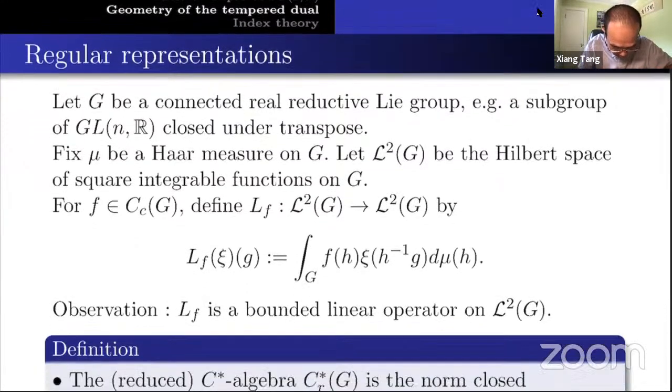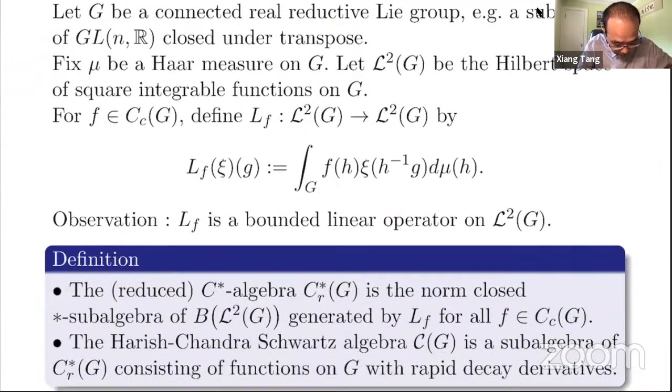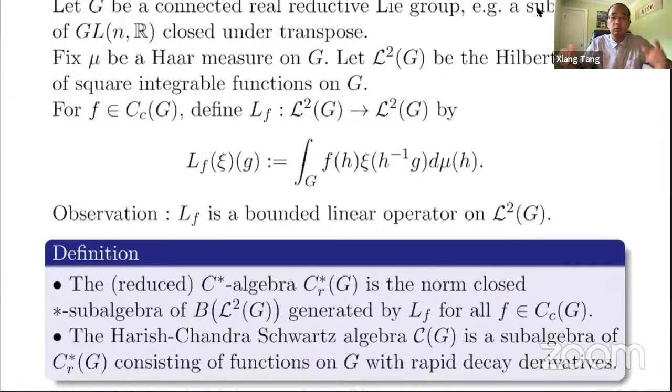Using these operators, we can look at a nice class of operators, which we call the reduced C-star algebra of the group. It is the norm closure of all operators coming from complex-valued compactly supported continuous functions. Actually, there's a nice subset of smooth functions.